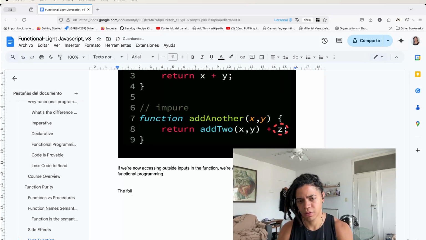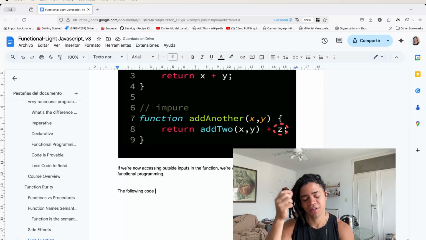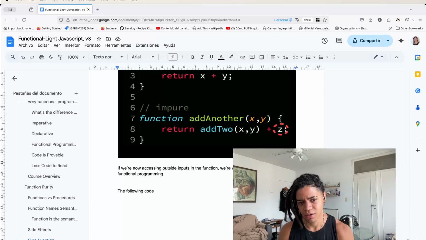Okay, so what we're doing is now putting on these special sunglasses to see how we can look at this code. The following code is indeed a pure function. Why?